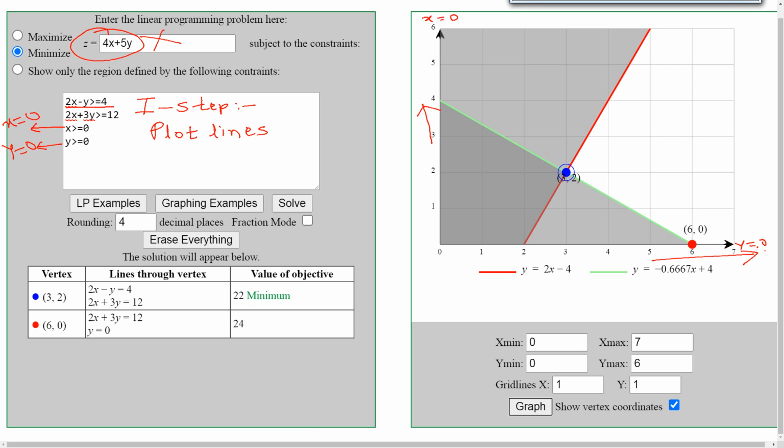2x minus y is greater equal to 4 and corresponding equation of line will be 2x minus y is equal to 4, and corresponding to the second constraint the equation of line will be 2x plus 3y is equal to 12. So we have to plot these two lines. How to plot lines?